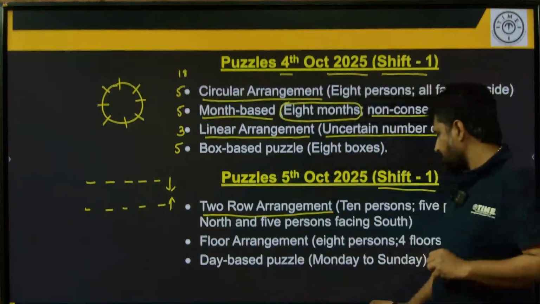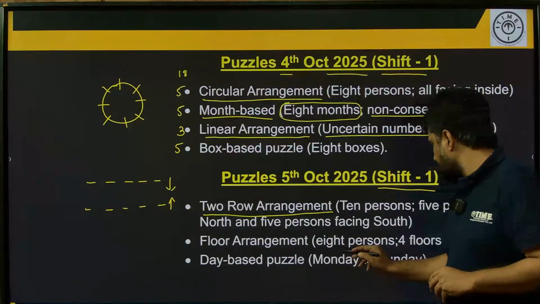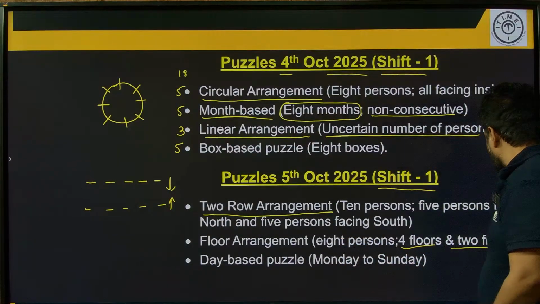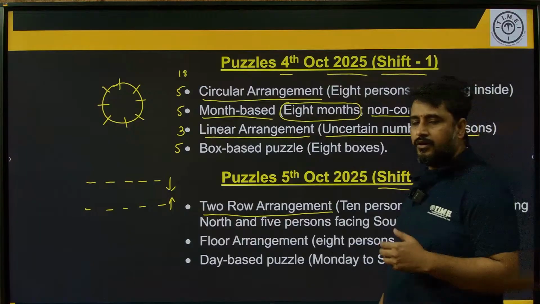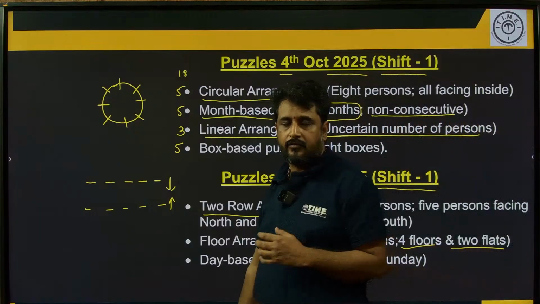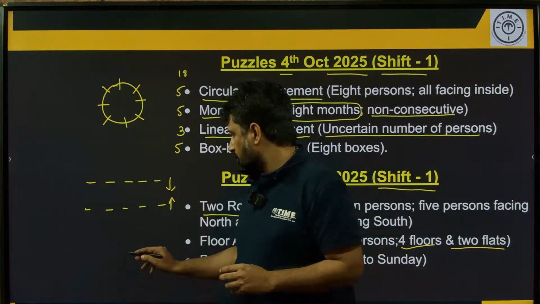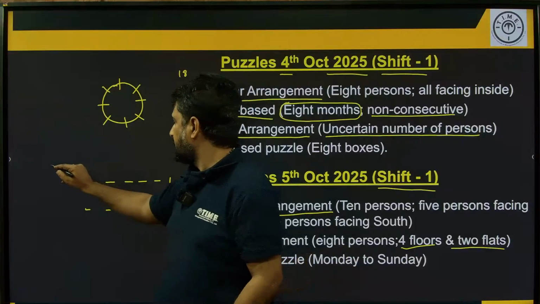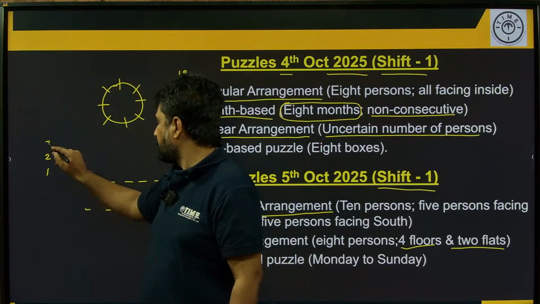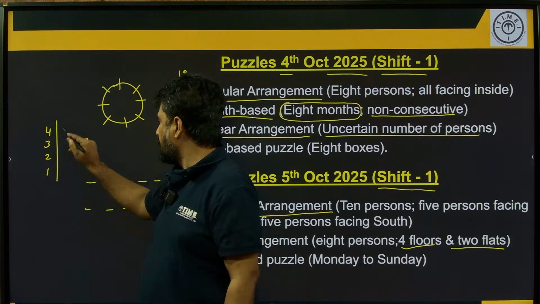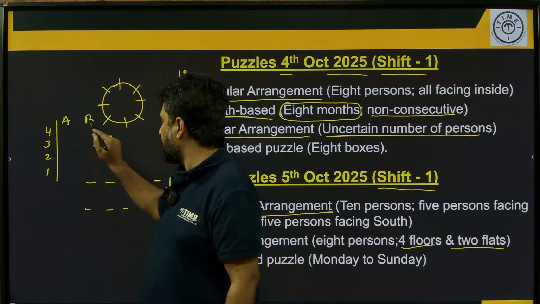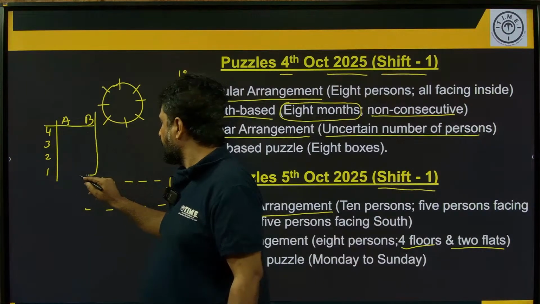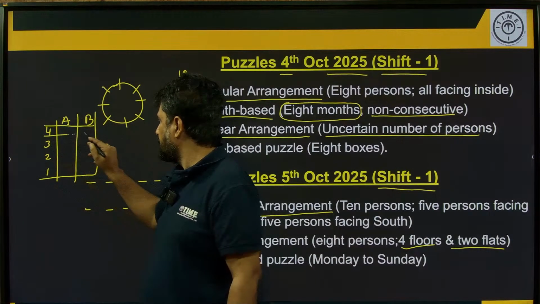And a floor arrangement was given. 8 persons, 4 floors and 2 flats were given. You have to know the structure before going to the exam. We must have practiced this kind of question. 4 floors and 2 flats. Floor 1, floor 2, floor 3, floor 4, and 2 flats, flat A and flat B. Now we have to adjust 8 people as per the given clues.